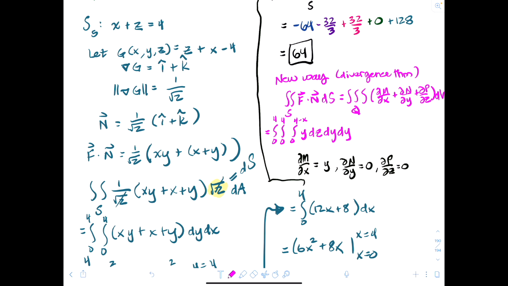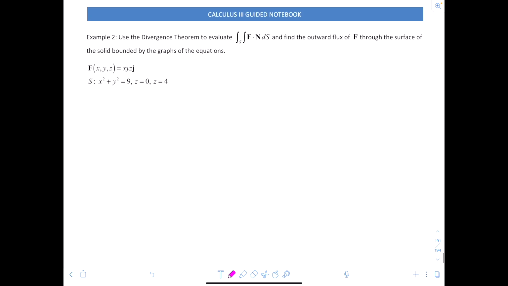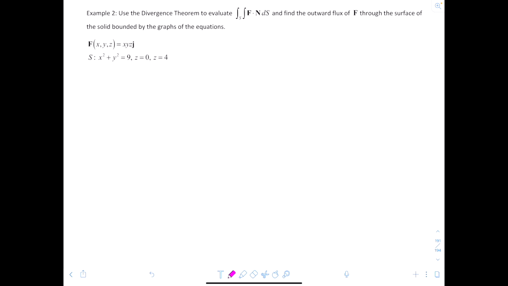And I'm not going to go through and work that triple integral. I have absolute faith that you can do it. I promise it turns out to be equal to 128, and it's much easier to do. Cool, cool? All right, so now let's go ahead. Use the divergence theorem to evaluate the surface integral of f dot n dS and find the outward flux of f through the surface of the solid bounded by the graphs of the equations.